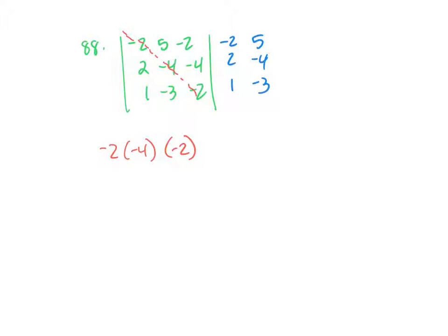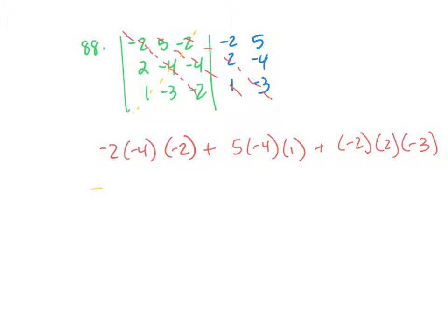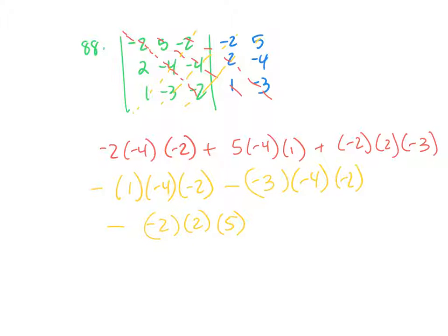All right, and then it's going to be plus, and this one, 5 times -4 times 1, and plus -2 times 2 times -3, and now minus this one, minus 1 times -4 times -2, minus -3 times -4 times -2, and minus -2 times 2 times 5.